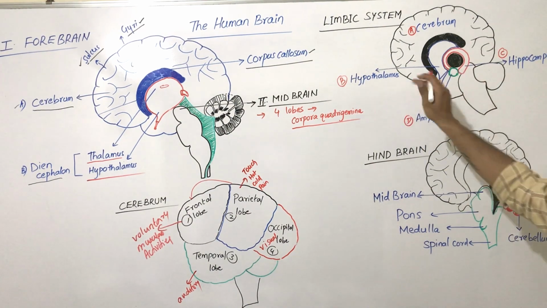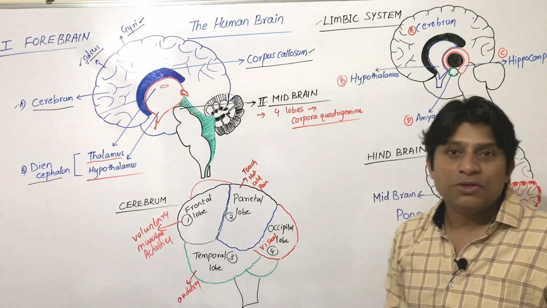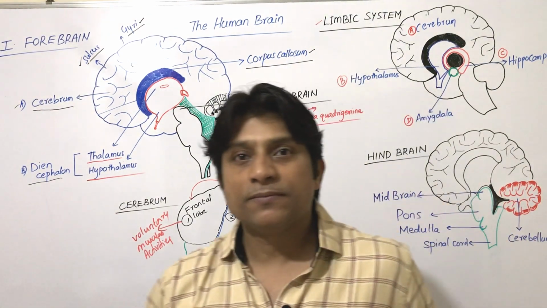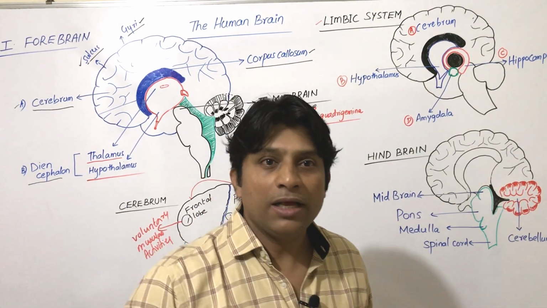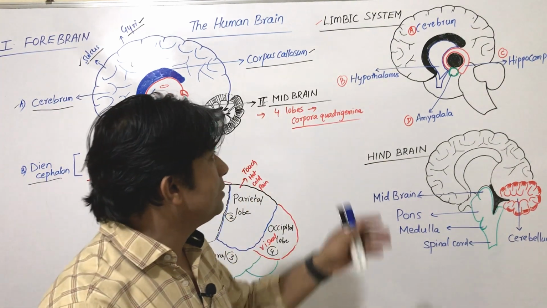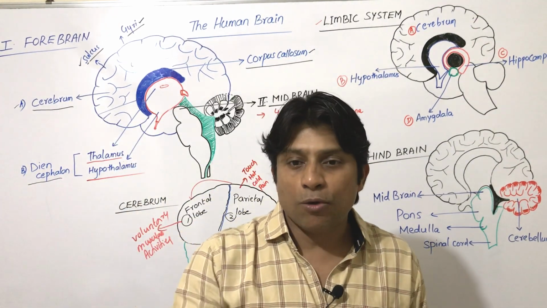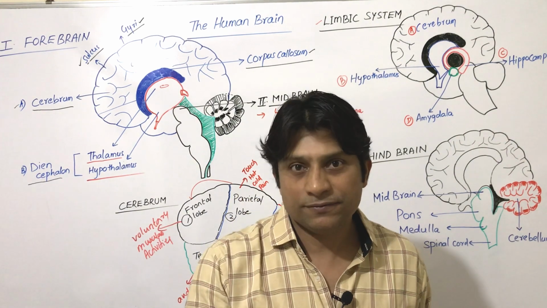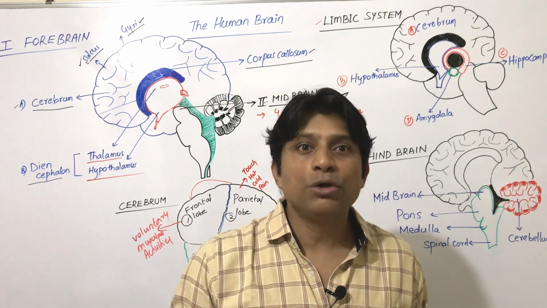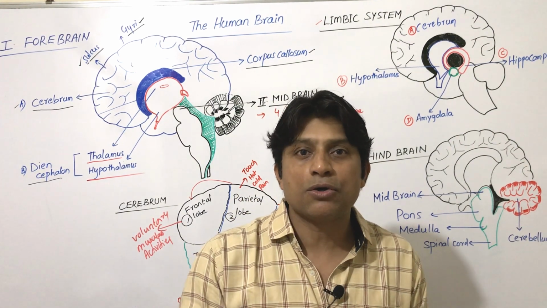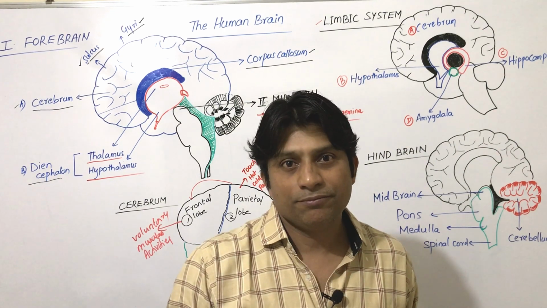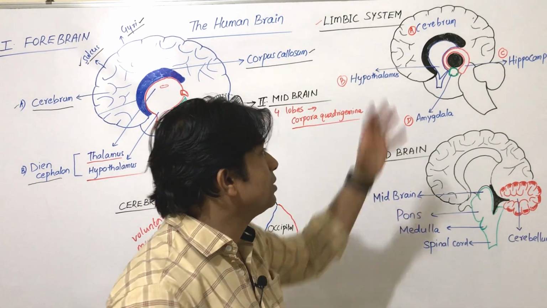These structures form limbic system, which is called limbic lobe. This limbic system or limbic lobe is responsible for controlling sexual behavior, and also emotional reactions are under the control of limbic system. So let us find out what functions it will perform.